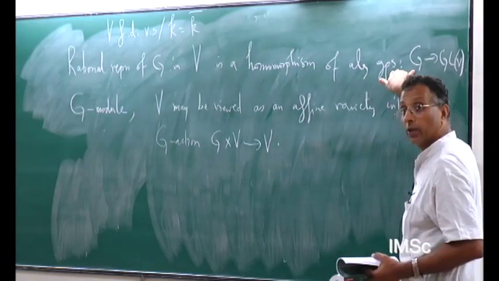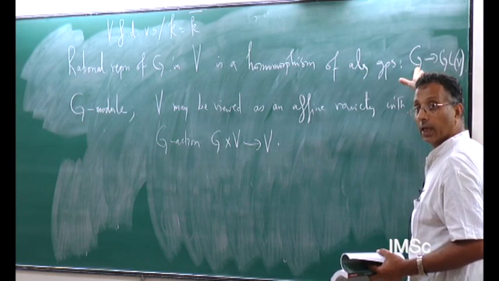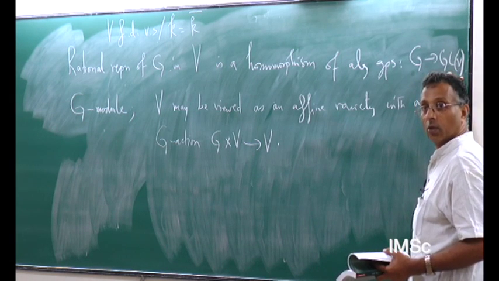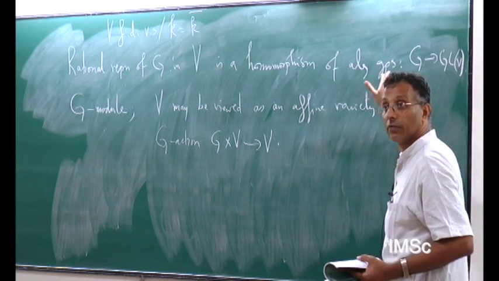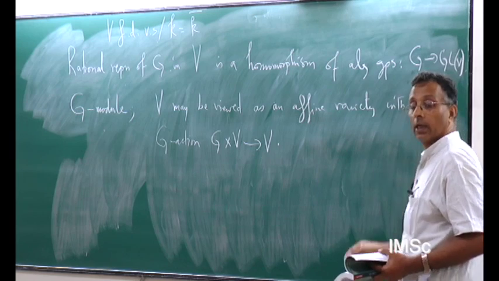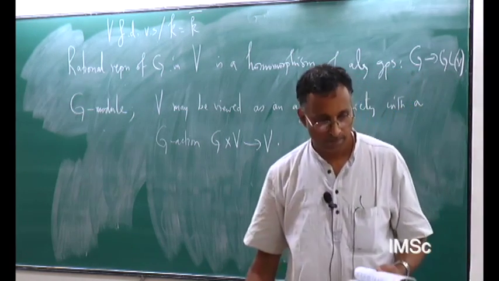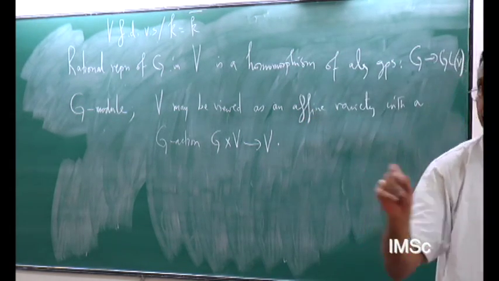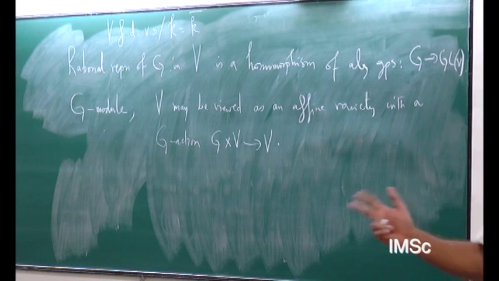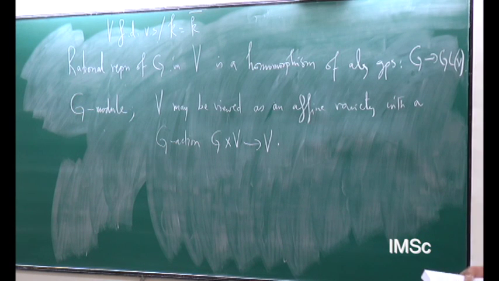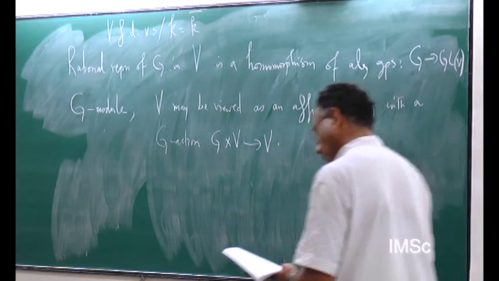So for any algebraic group, you can think of V as a representation of G if this map is a map of varieties, also a homomorphism of groups.